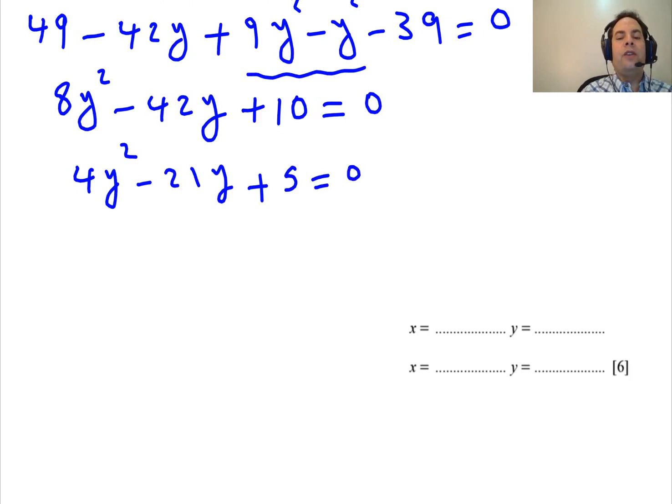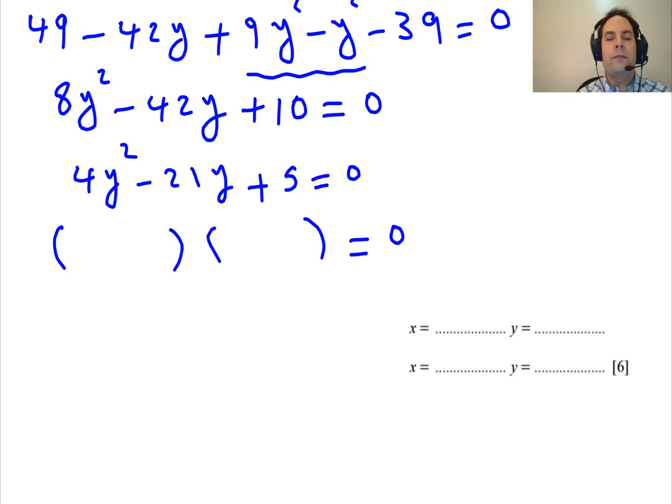Then you can use factorization if you can factorize, or you can use the quadratic formula to get the values of y. Then find the values of x. You can factorize the quadratic expression: (y minus 5)(4y minus 1).